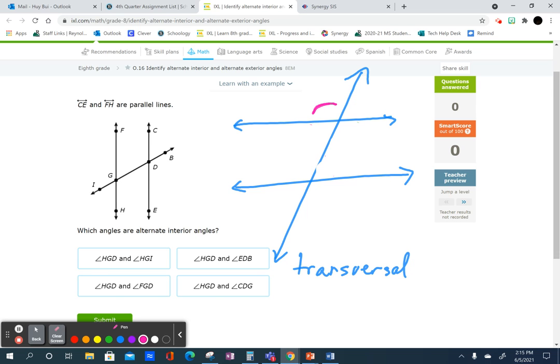If I'm going to alternate, I'm going to switch to the other side of the transversal, and I'm going to find a wide angle down here. So they're away from each other, they're outside of the parallel lines, and they're alternating. So alternate exterior angles. And then you also have a narrow green one here and a narrow green one there. Okay, and those again are now two pairs of alternating exterior angles.